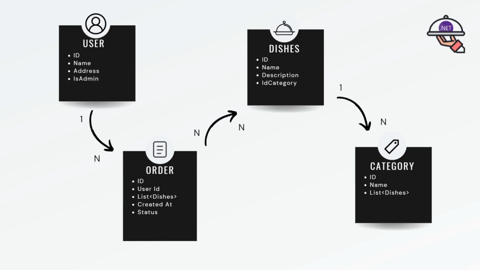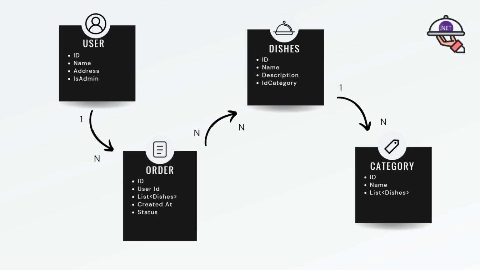Now that you understand the entities, let's talk about the features we'll implement. We'll, of course, implement the CRUD operations. We'll be able to create, read, update, and delete users, orders, dishes, and categories. We'll also have image uploading for dishes.